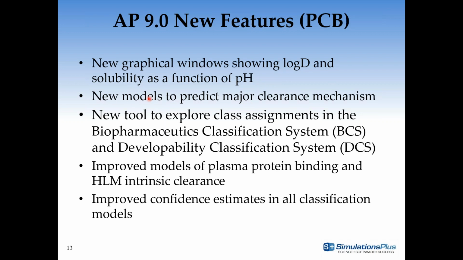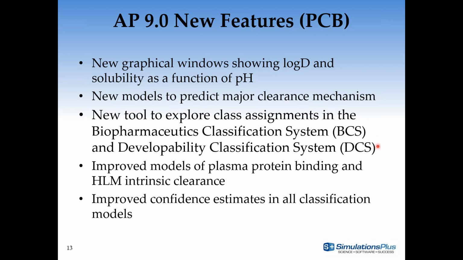We have a set of new models to predict the major clearance mechanism for compounds. I have some slides to go into that in more detail, but this is related to the ECCS classification system. So I'll talk more about this in a minute. We have introduced some new visualization tools to look at how compounds are classified in both the BCS and the DCS classification systems.